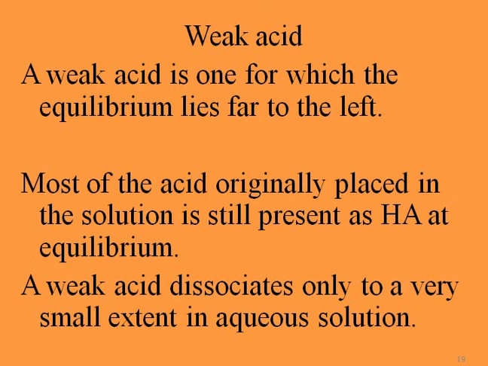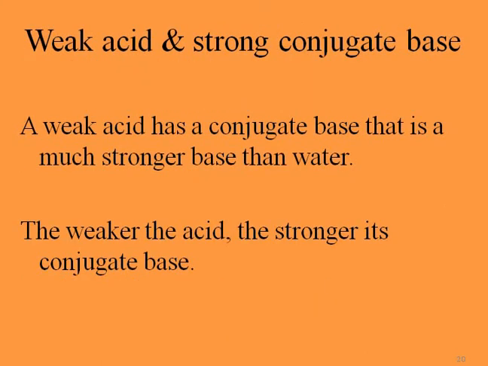So whenever we have a weak acid, most of it still remains after the dissociation, and we have a very small concentration of conjugate acid and conjugate base. As we said earlier, a strong acid has a weak conjugate base, so a weak acid has a conjugate base that is a much stronger base than water. The weaker the acid, the stronger its conjugate base.